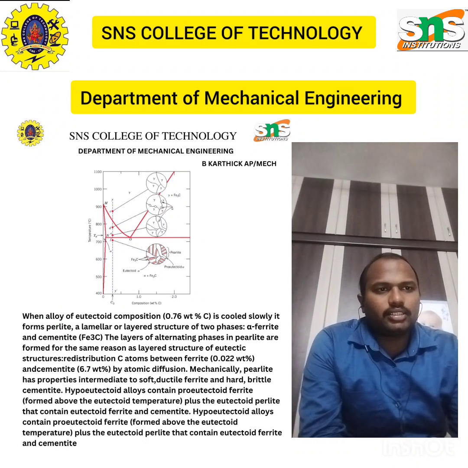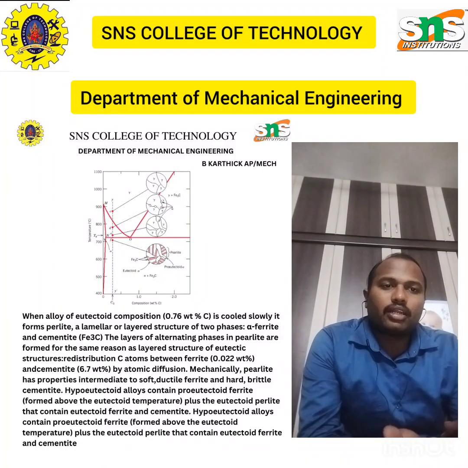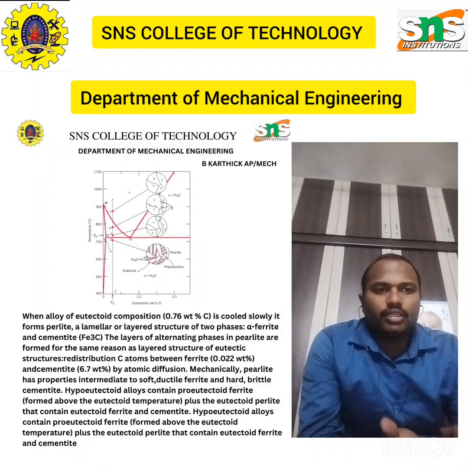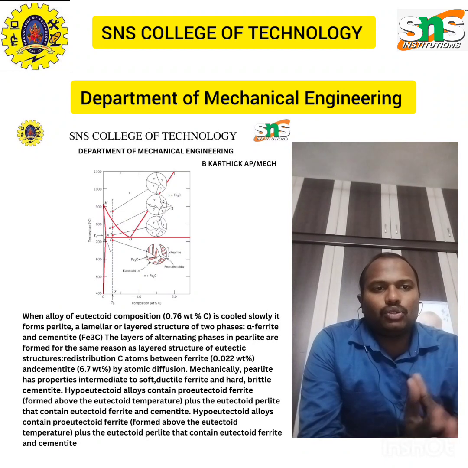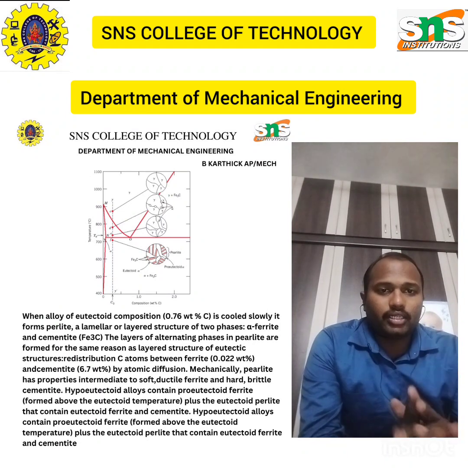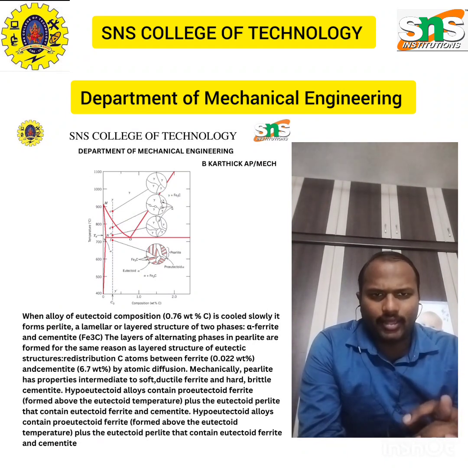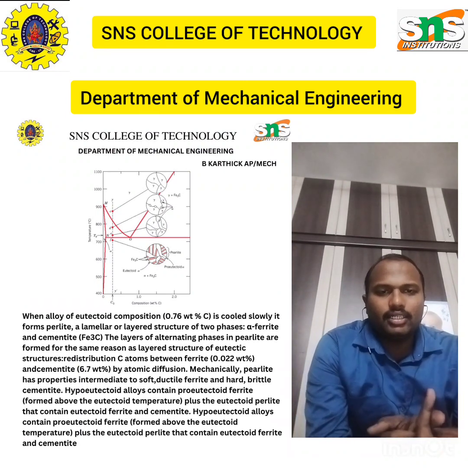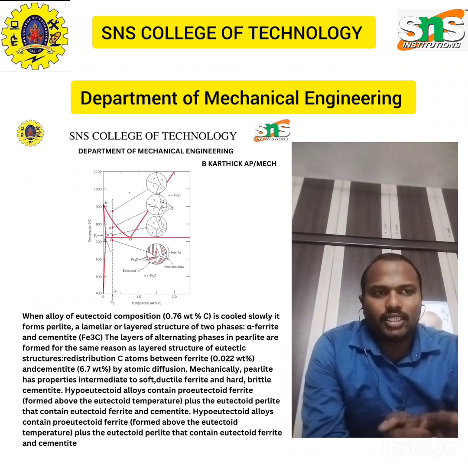So this steel has the predominant properties of pearlite and also cementite. In hypo-eutectoid steel, you can see pro-eutectoid alpha and pearlite, and in hyper-eutectoid steel, pearlite and pro-eutectoid Fe3C.